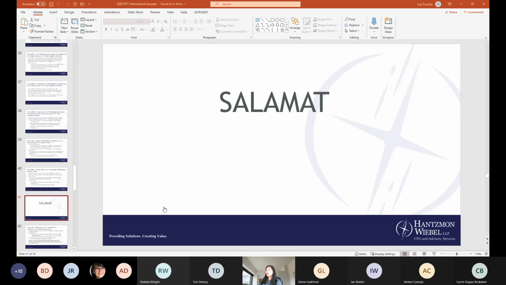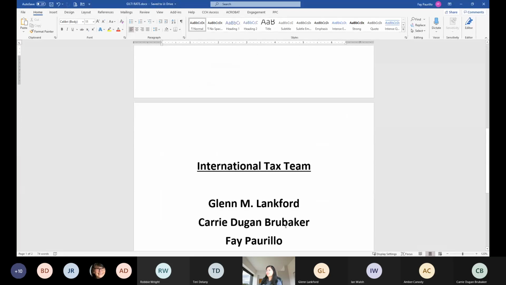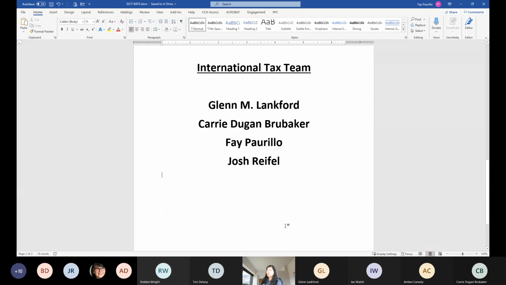We can build charts, like withholding tax charts for different countries and the different income, a treaty comparison tool, and country guides, like what's being taxed in that country, how do they tax it. So we do have those resources. And like I said earlier, we're building an international tax team. We have our fearless leader, Glenn, and Carrie, myself, and Josh Rifle. So please come see us.